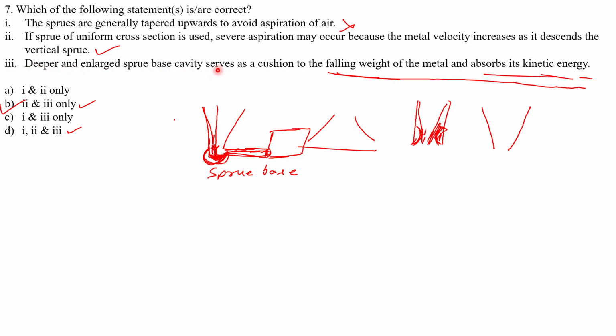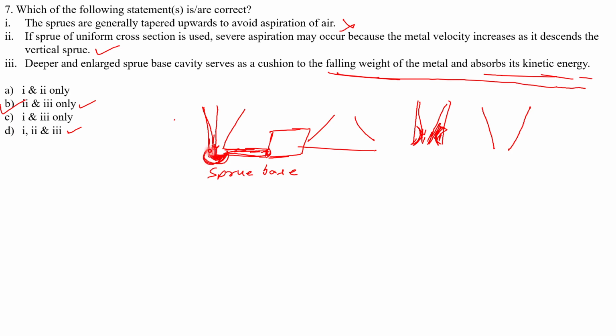Then deeper and enlarged sprue base cavity serves as a cushion to the falling weight of the metal and absorbs its kinetic energy. When we talk about sprue base, it is like this. So when molten metal is pouring with a high velocity, if we are not going with the sprue base, it will erode the sand from here, and the sand will come into your casting, and it will add impurities in your final casting.